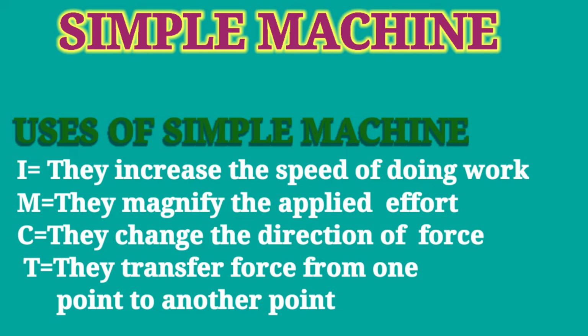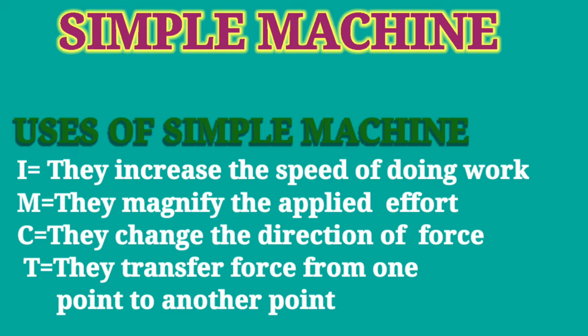So if someone asks you what are the uses of simple machine, then you have to remember IMCT at first. I means increase the speed of doing work. M means magnify the applied effort. C means change the direction of force. And T means transfer force from one point to another point.